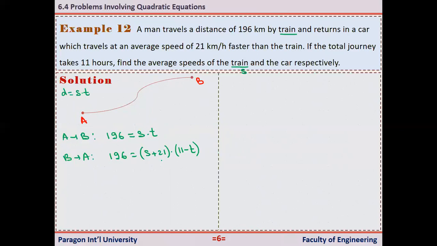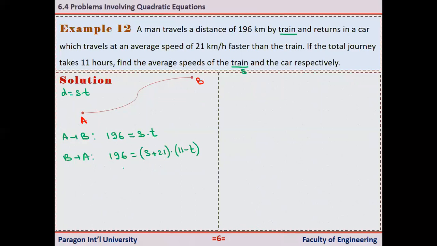At the time, we just use more variables, but here I'm trying to use the least number of variables possible. So here we have two variables. I don't need this t because we are looking for s. If I know the value of s, I can also evaluate s plus 21. S gives us the speed of the train, and s plus 21 gives us the speed of the car.